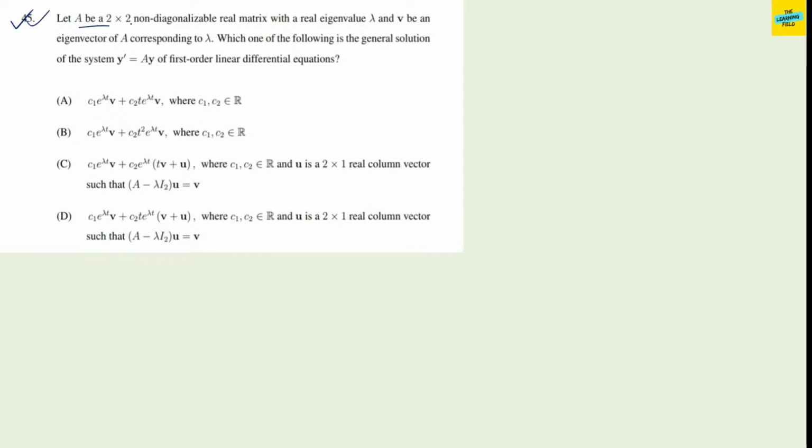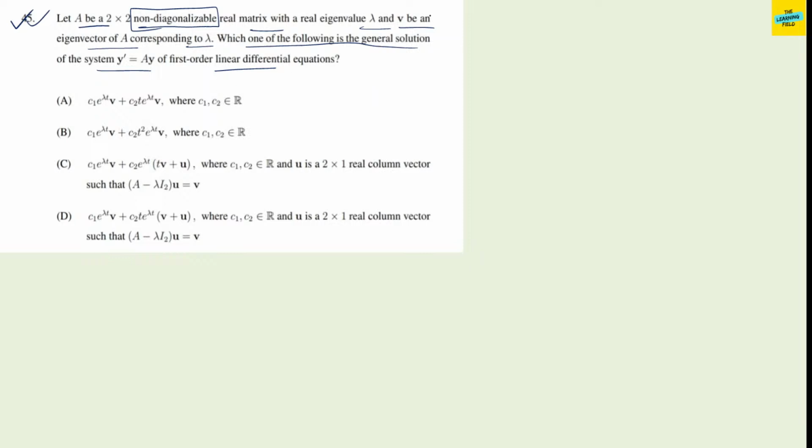Let A be a 2 by 2 non-diagonalizable real matrix with eigenvalue lambda and v be an eigenvector of A corresponding to lambda. Which of the following is the general solution of the system y dash equal to Ay, the first order linear differential equation? So this is the question.